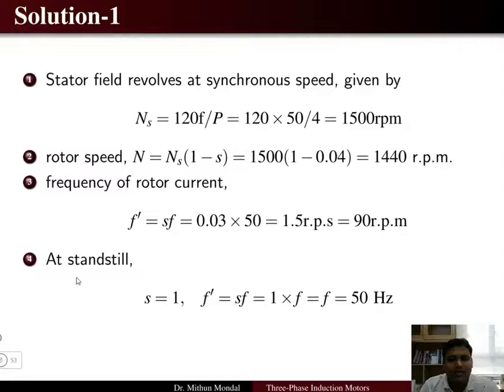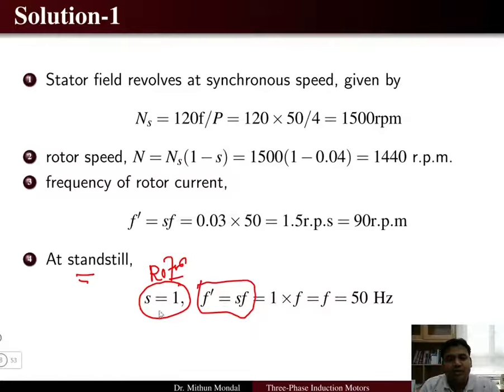Next, at standstill condition, what is the value of the frequency of the rotor current? Standstill condition means that the value of the slip will be 1 because the rotor is stopped at this point. When slip is 1, under the running condition formula f dash equals slip times frequency.